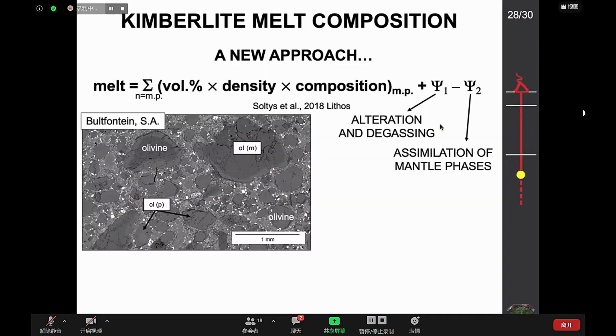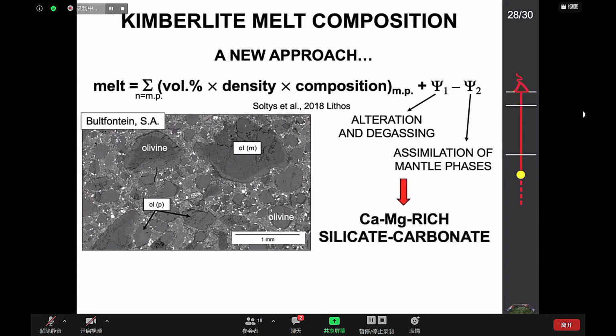So we have two correction factors: one that considers alteration, essentially serpentinization, and the second one that considers degassing. And then we also need to subtract the effect of mantle assimilation. I'm not going into much detail here because this is published and this is really not the focus of this presentation. But if you're interested, the paper was published a couple of years ago.